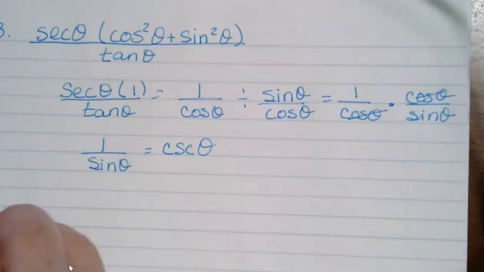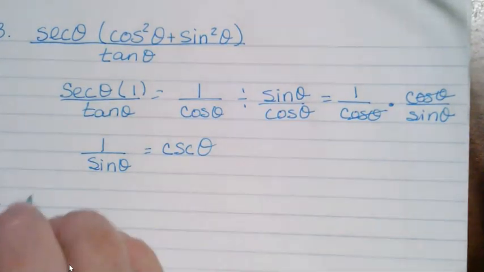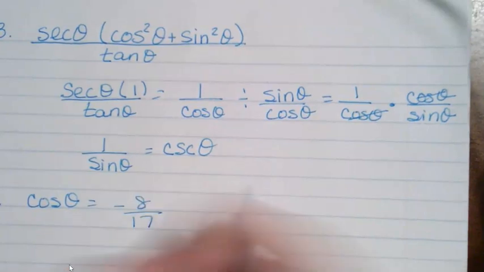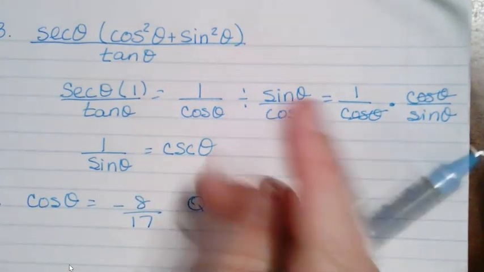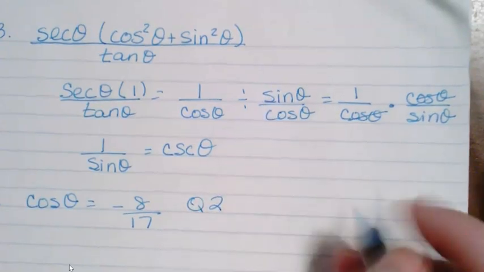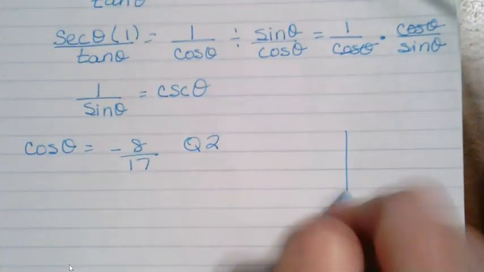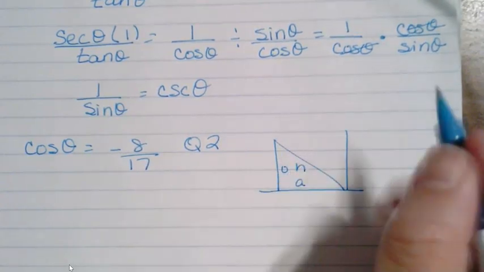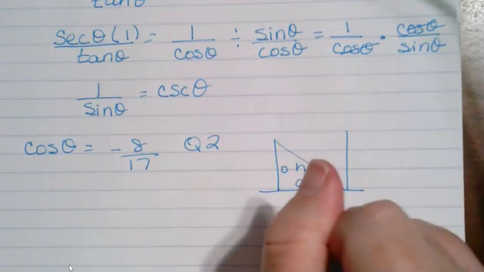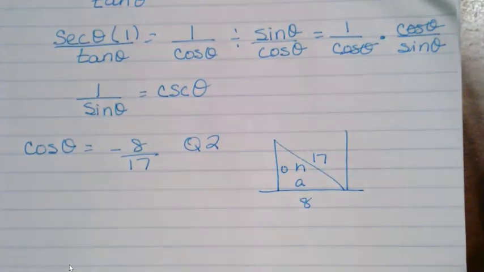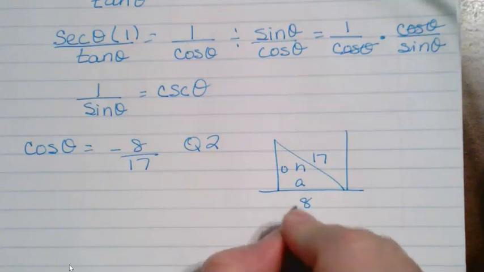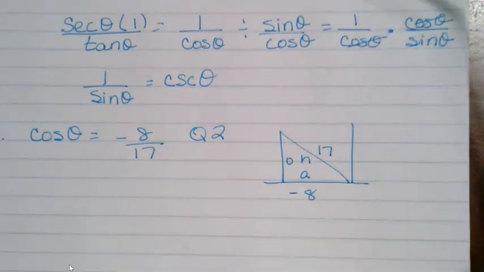Now number 14, they tell us cosine is equal to negative 8 over 17, and we're going to be in quadrant 2. Okay, so here we go. A, O, H. Remember, place your numbers first, and then figure out where the negative goes. Hypotenuse can never ever be negative, so that goes with the 8. We're going to do the Pythagorean theorem.